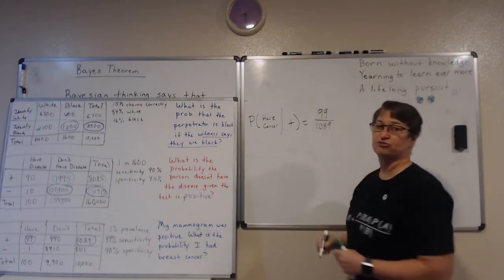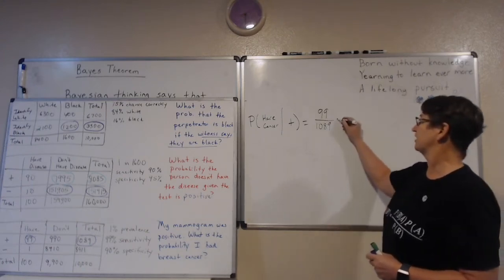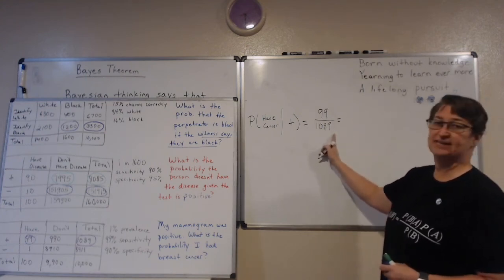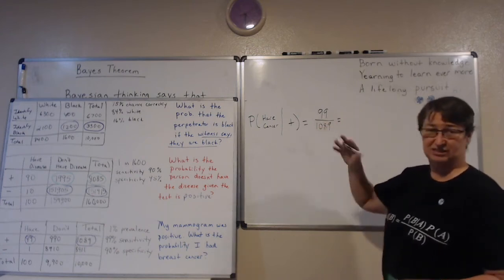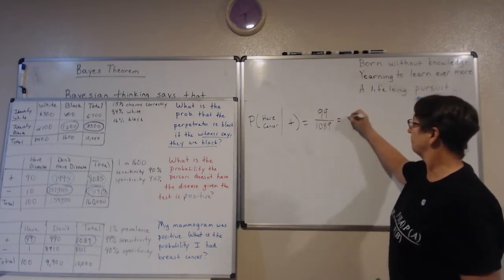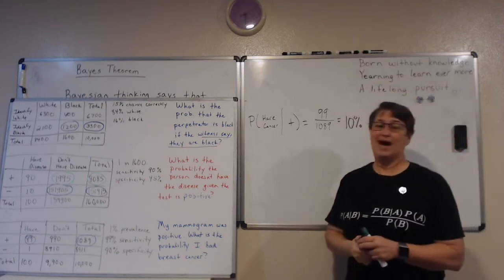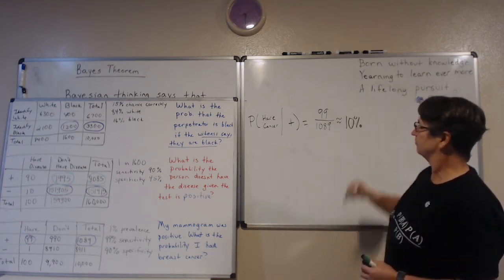Am I one of those 99 out of the 1,089 that have breast cancer? Well, I need to divide by 10 to get down to 100. So divide by 10 and you get about 10%. About 10%. Y'all agree with that? That it's about 10%?